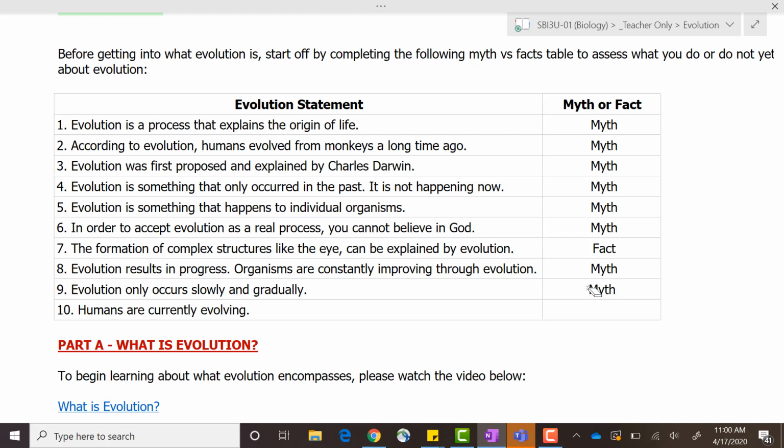And like we mentioned earlier in the beginning of the video, evolution is simply changes in allele frequencies in a population over time. So it is very likely, if we compare our genome over the last thousands of years, that allele frequencies in the human population are still changing, albeit it might be a very small percentage. But if there is change, then we can say, yes, there is evolution going on. So we'll say that's a fact.